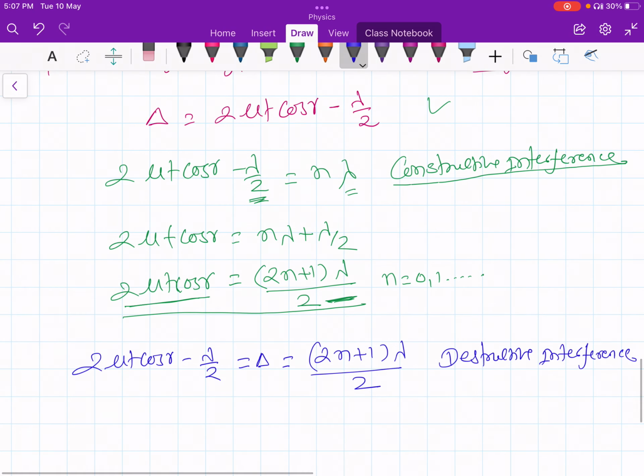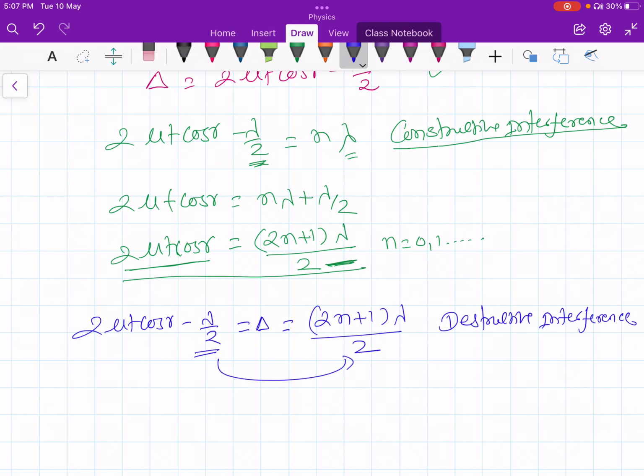So let us simplify this. Transfer this lambda by 2 to that side. Then we get 2 mu t cos r is equal to 2n plus 1 lambda by 2 plus lambda by 2.